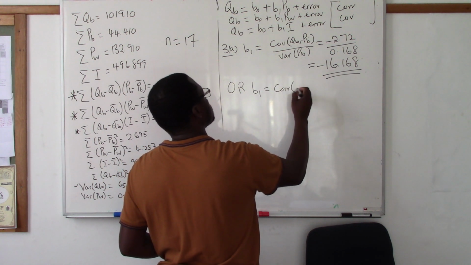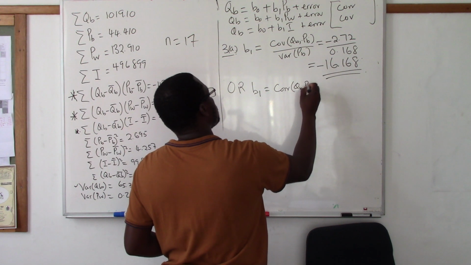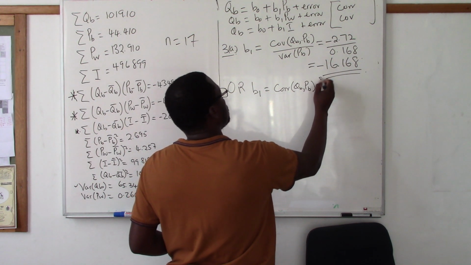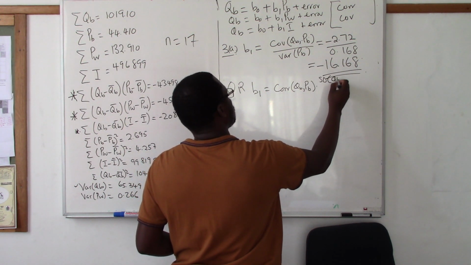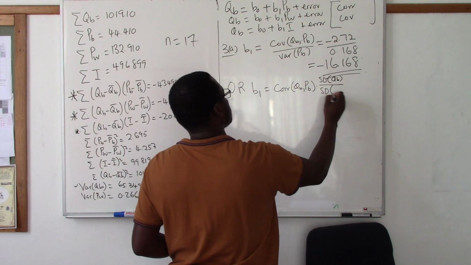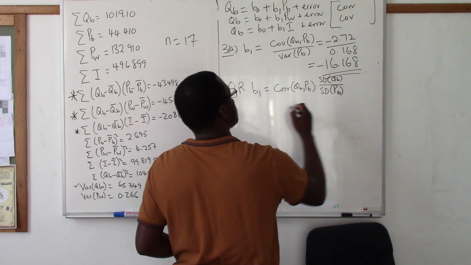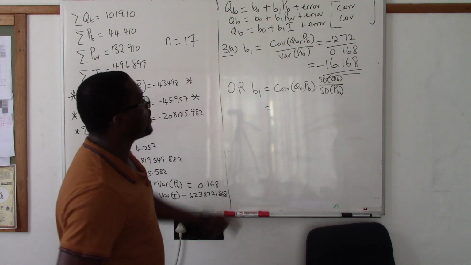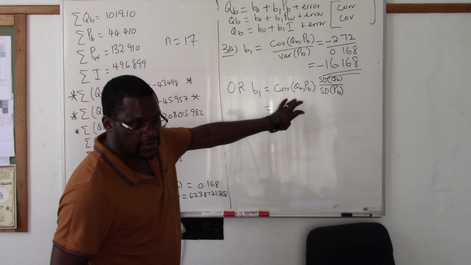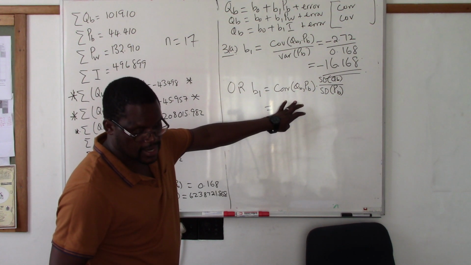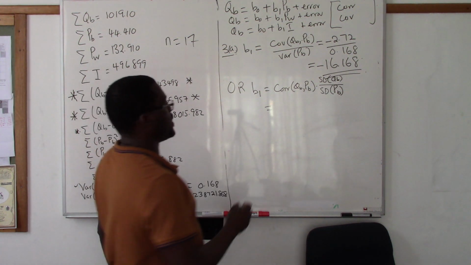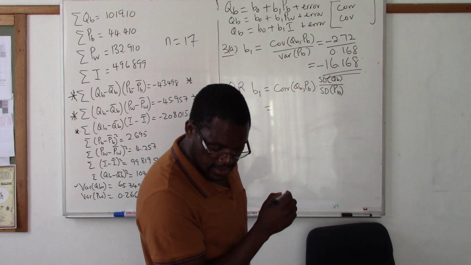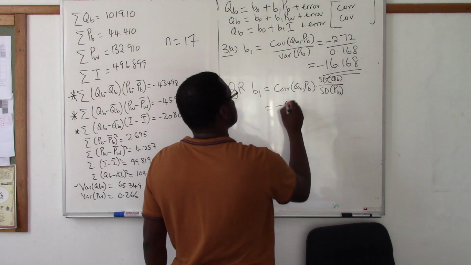That's correlation of QB, PB by standard deviation of QB over standard deviation of PB. This therefore leads us to the following. We got the correlation coefficient for this. It was minus 0.82, if I'm not mistaken.